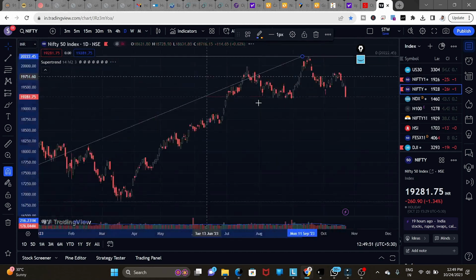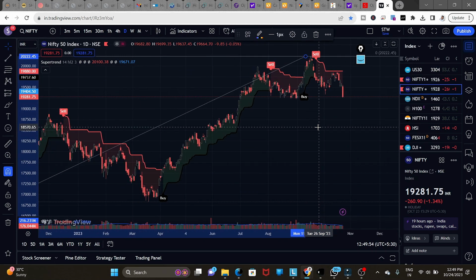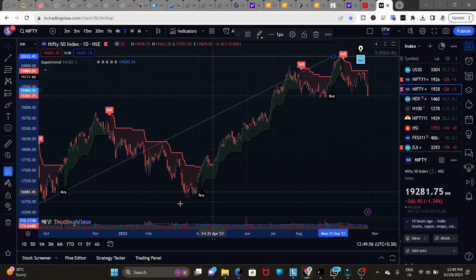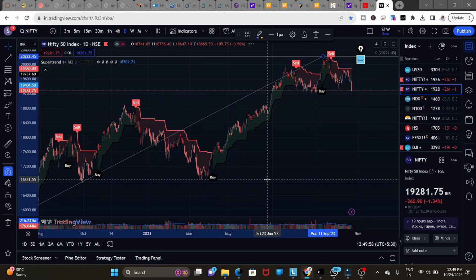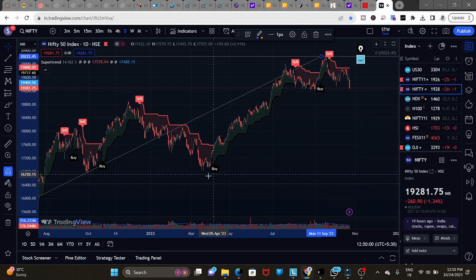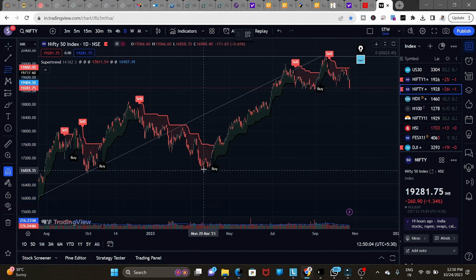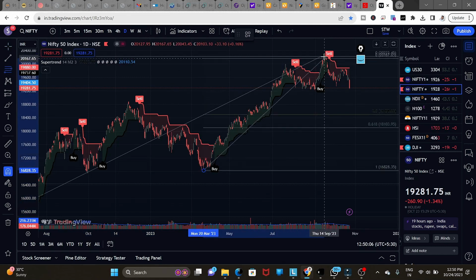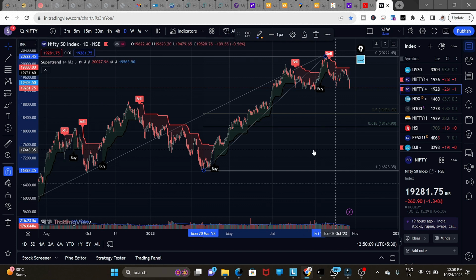So let's go to a daily time frame. This is the last point from where the run happened. We'll do the same thing here. We will put a Fibonacci retracement from here till this point. When you're changing the time frame, always take the previous swing low to the new high.